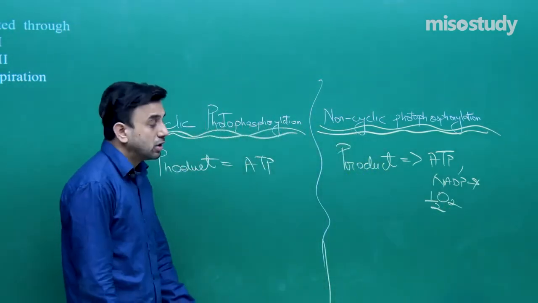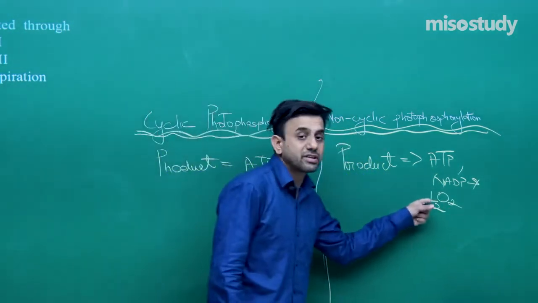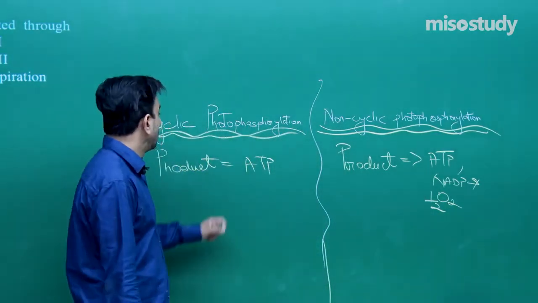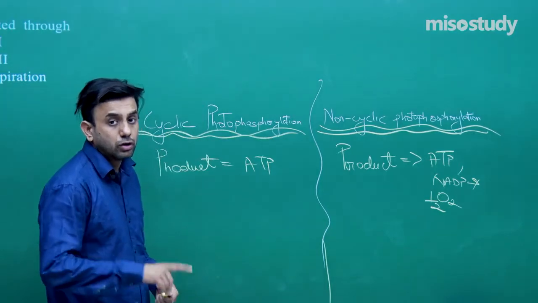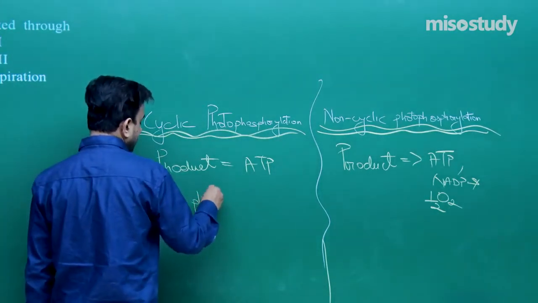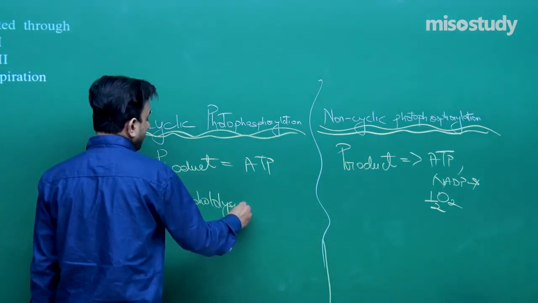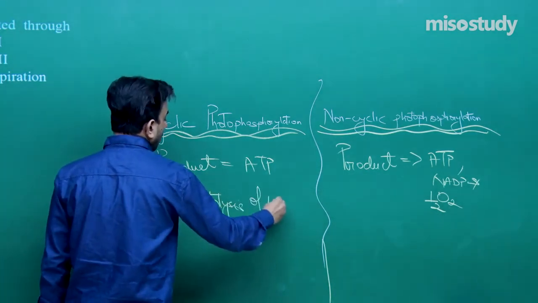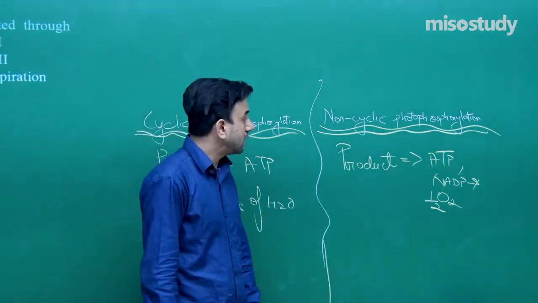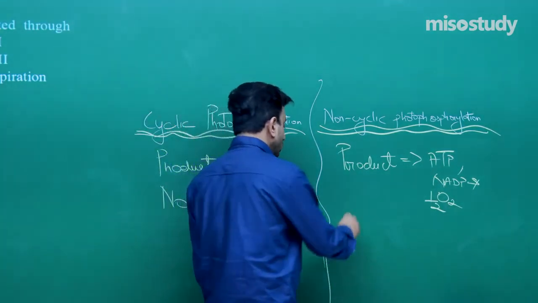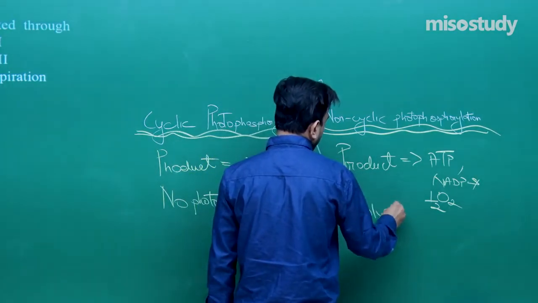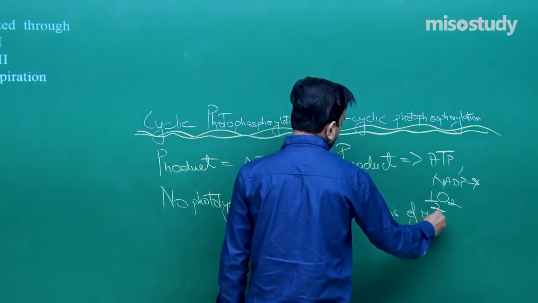This is due to the photolysis of water. In cyclic photophosphorylation, no photolysis of water is taking place, because no external source of electron is required. Here in non-cyclic, definitely photolysis of water is taking place.